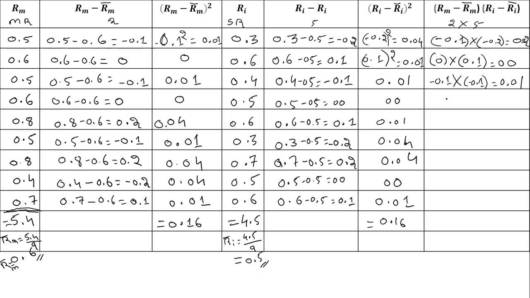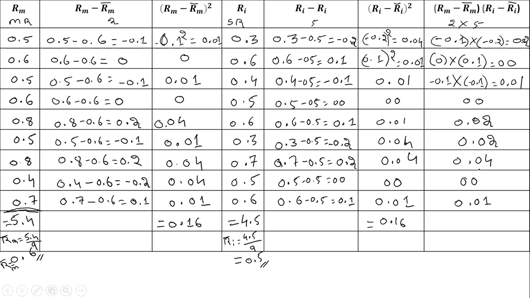So same thing we will do for all the columns. So we will get the values: here we will get 0, and here we will get 0.02, then 0.02, then 0.04, then 0, 0, then 0.01.